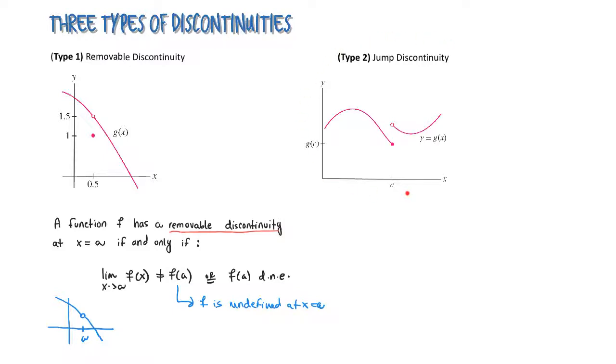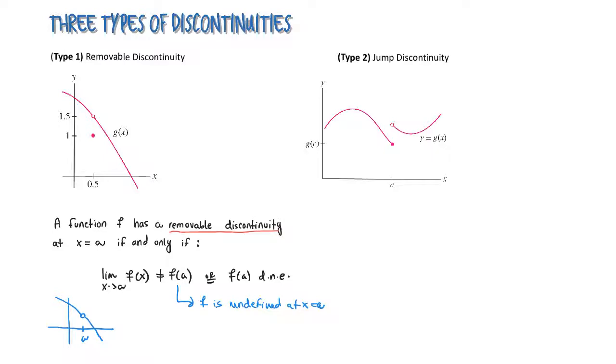Now, let's look at type 2, which is called a jump discontinuity. This is where you're tracing along the graph, you get here, and then all of a sudden, boom, you have to jump to be able to continue tracing along the graph. Which is really telling us that the left-hand limit and the right-hand limit are unequal.